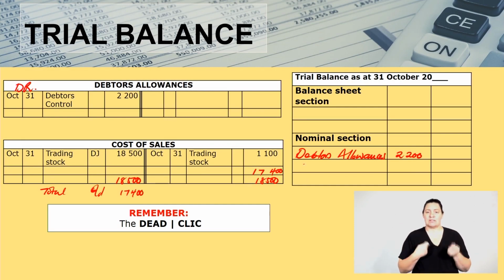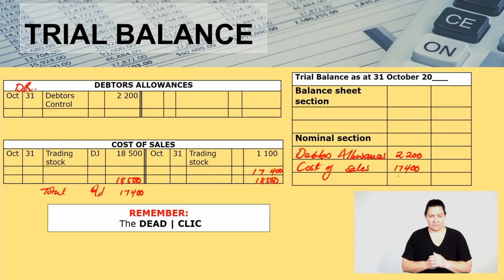So when I come to my cost of sales, remember, cost of sales is recorded on your debit side, I'm going to have now my 17,400.